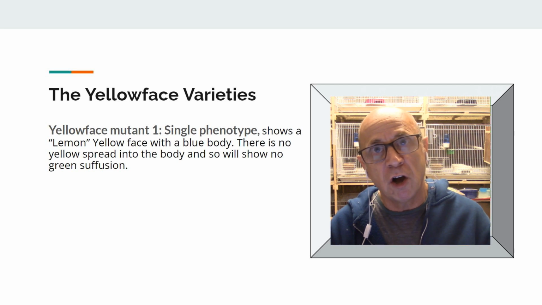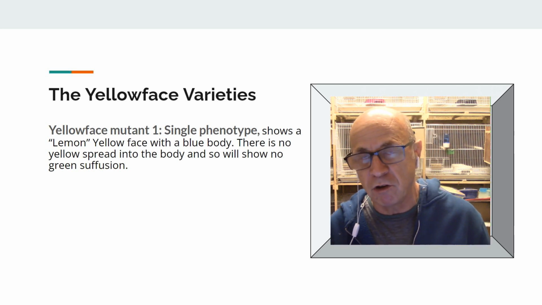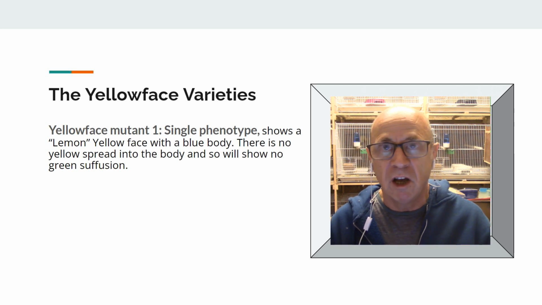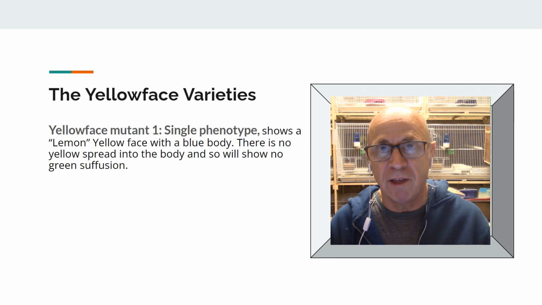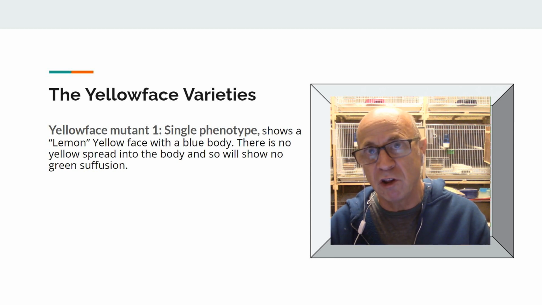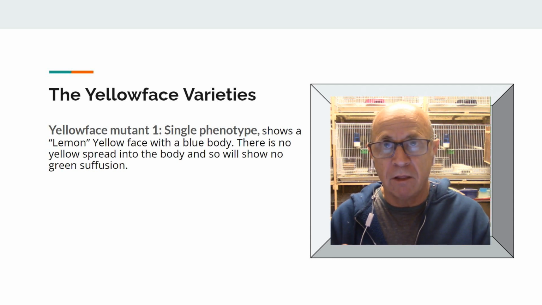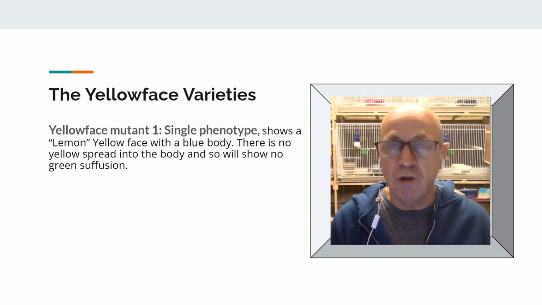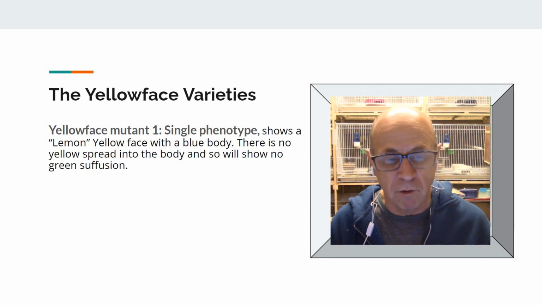So you'll also notice here that I refer to them as Yellowface Mutant 1 and Yellowface Mutant 2, not Type 1 and Type 2. I follow the convention that's been set out for a long time, that Type 1 and Type 2 stick to the way genes are located on the chromosome. So Mutant 1 and Mutant 2 are the different mutations of a particular variety.